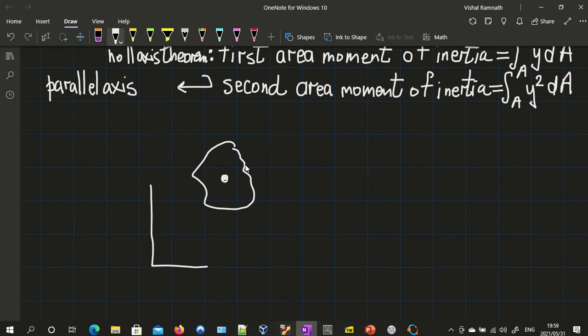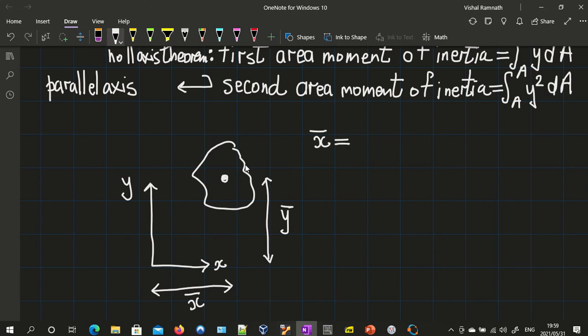Typically, there is a coordinate system, x and y. We have a distance from the centroid to the x-axis, which is y bar, and we have a distance from the centroid to the y-axis, and that is called an x bar.